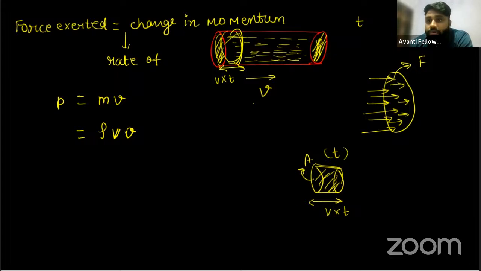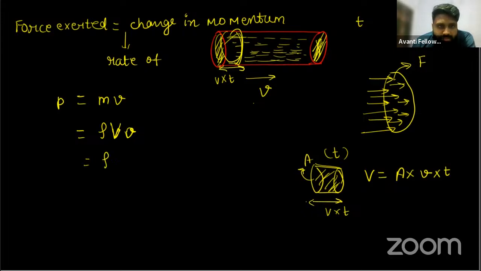So this much volume enters in the tube in time t. That is nothing but the volume flow rate. So I would like to write volume in terms of this. Volume will become area into length, and length here is velocity into time. I am representing the speed or velocity with small v, and volume with capital V. Put the value of capital V here.